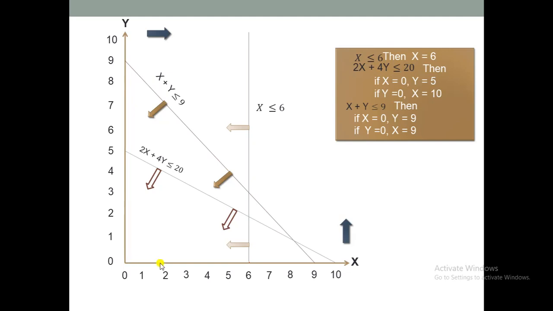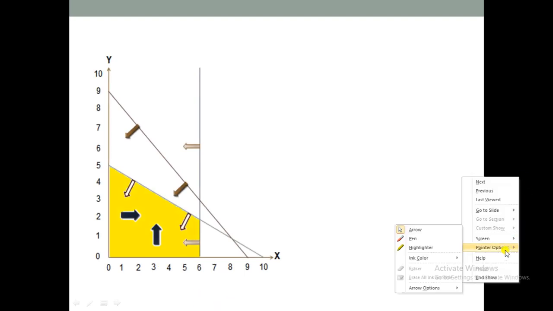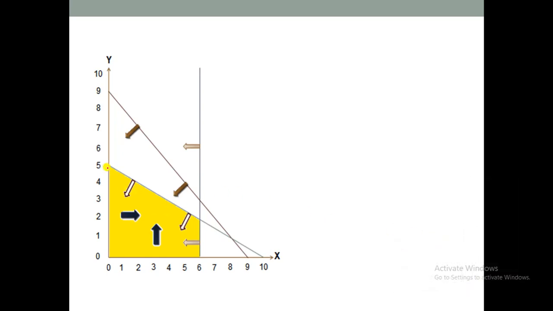So this is going to be the closed loop. See here, we have got this region as the common region, and we know that this common region is called the feasible region. Whatever region has been shown with yellow color is the common region.